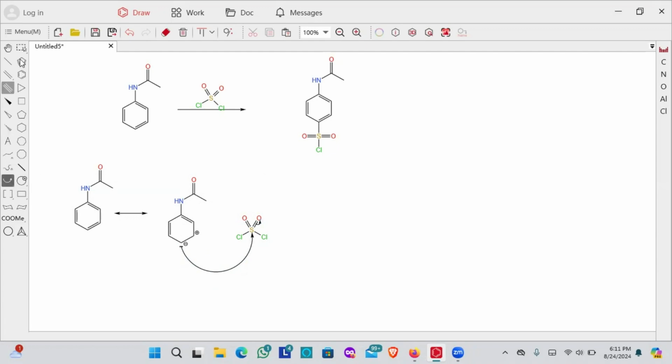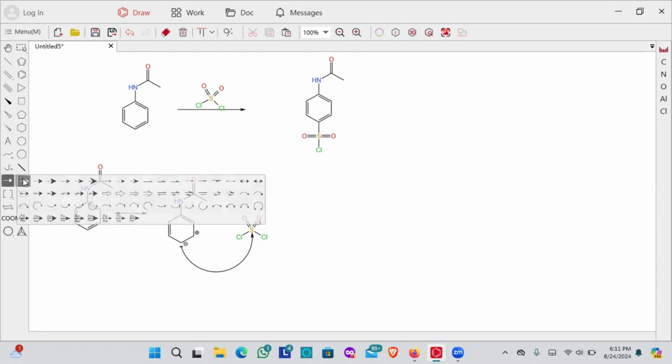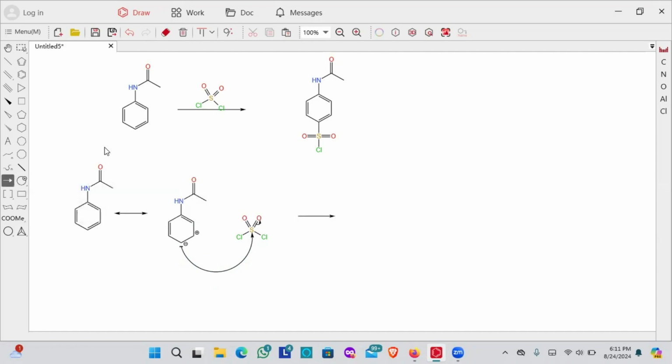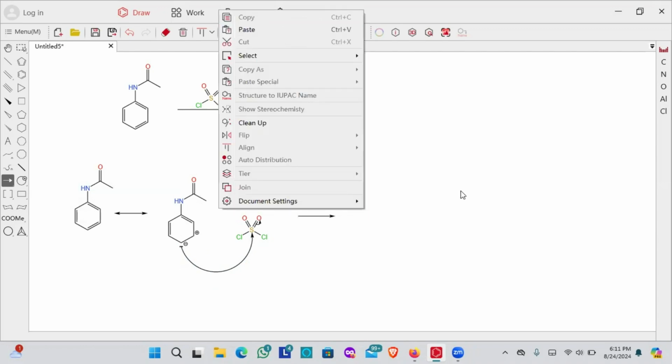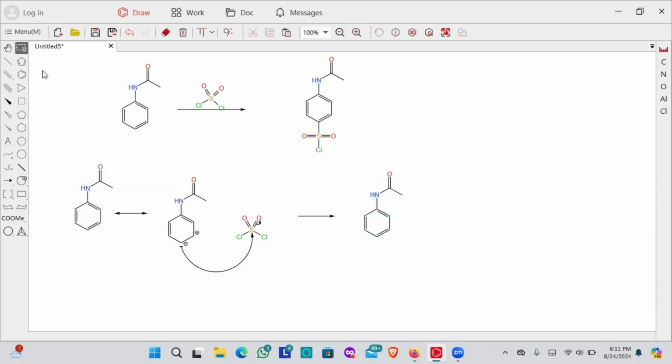And we're going to show the intermediate product of what it's going to look like. Double bond here.